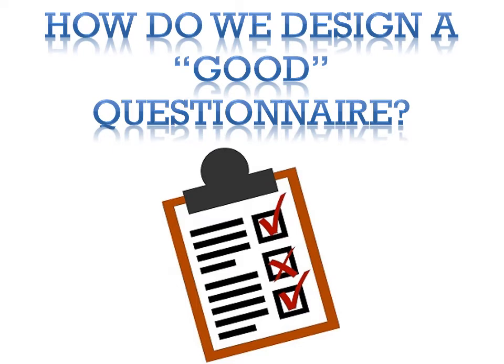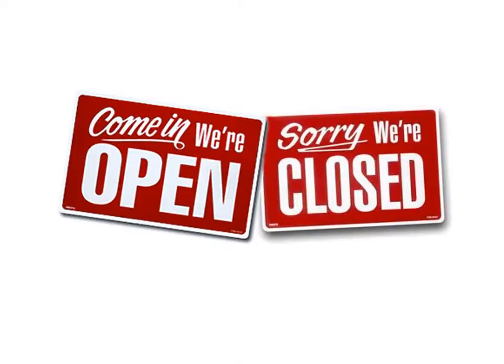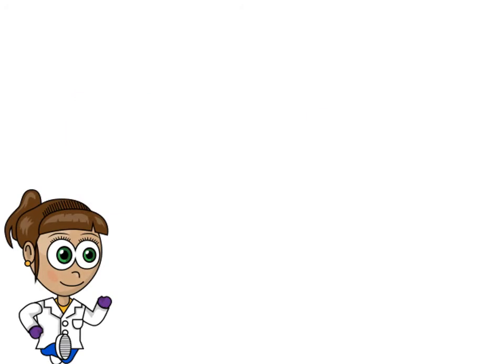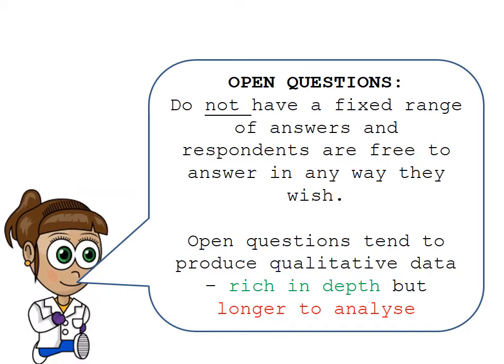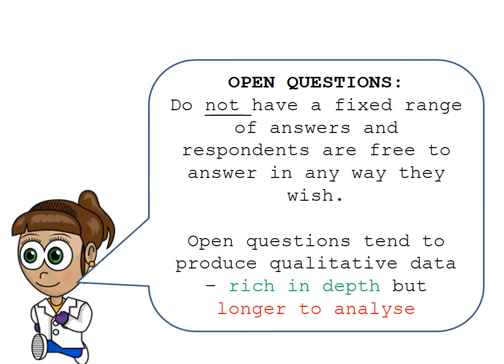So we've had a look at how we design a good interview. Now it's really important that we look at how we design a good questionnaire. So we need to know the difference between open and closed questions. Open questions do not have a fixed range of answers, and respondents are free to answer in any way they wish.